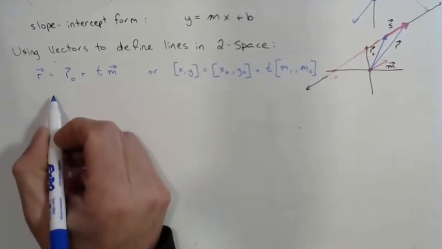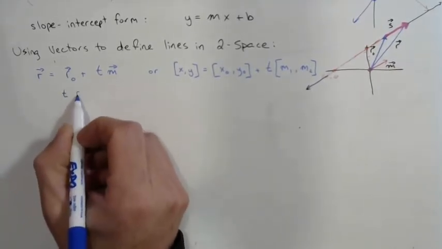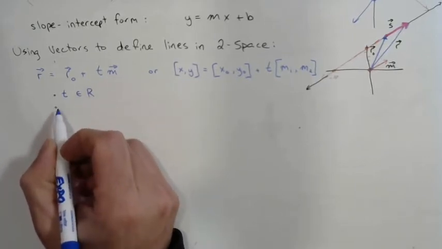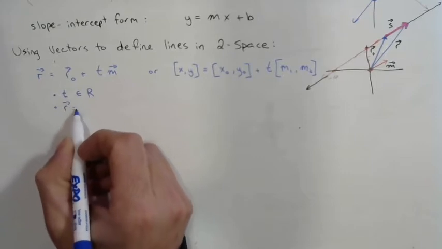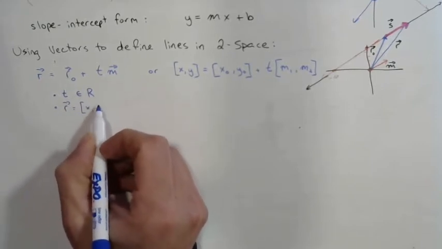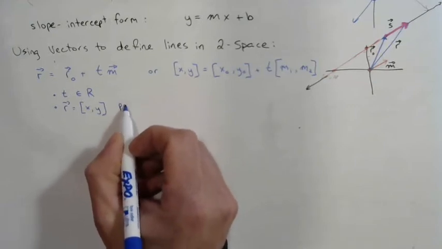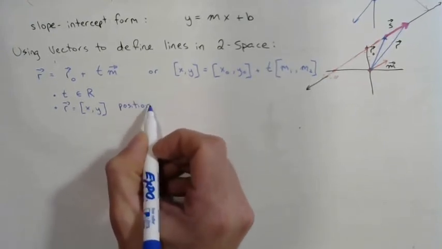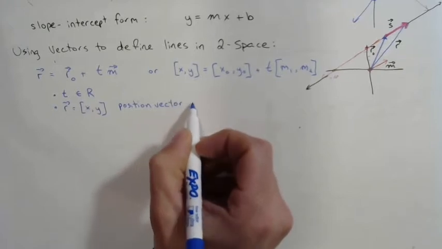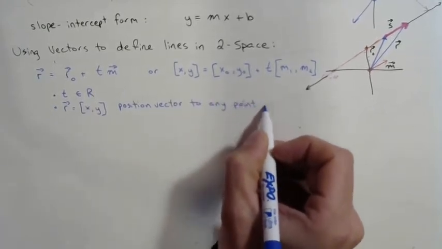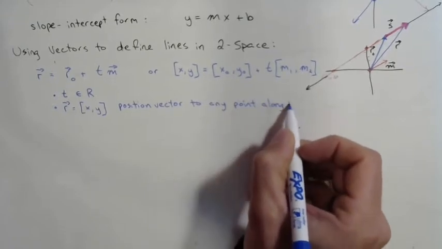What has to be true here? Okay, t belongs to the set of real numbers. It's just a scalar multiple. R, which equals xy, this is our position vector to any point along the line.